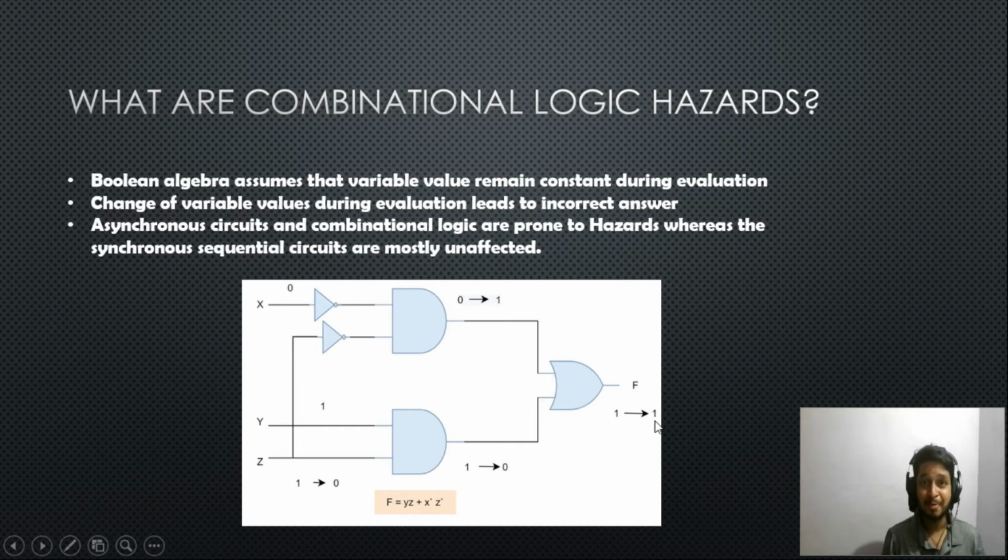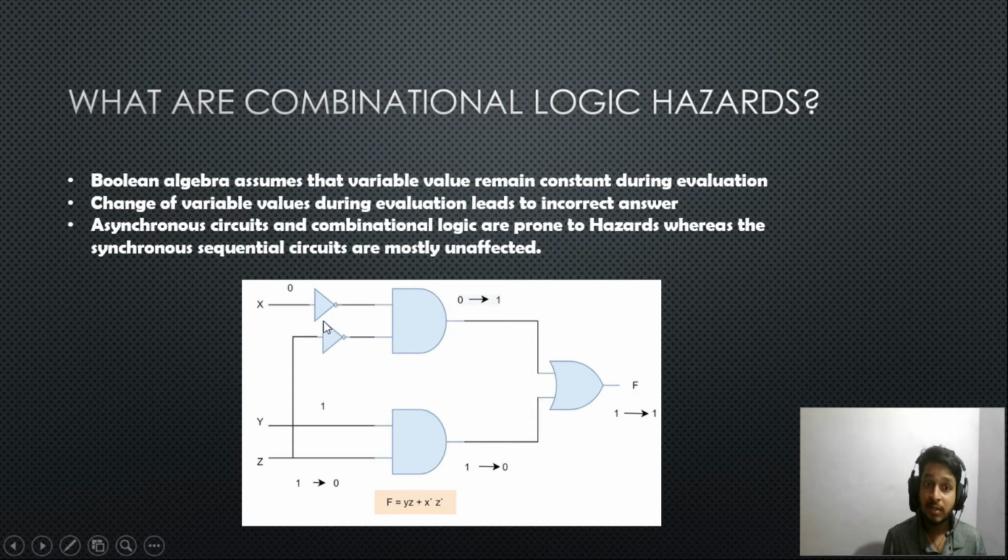So what's the problem? The problem is that this combinational logic does not account for propagation delay. If you look at the path of the Z input to this AND gate and the path of the Z input going to this other AND gate, those are two different paths, and the propagation delay of this path looks larger.